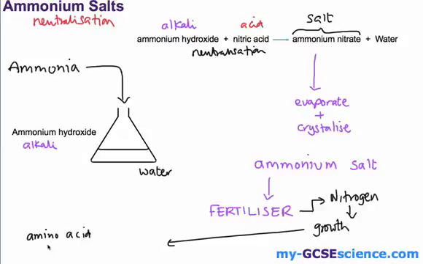Amino acids have nitrogen in their structure. These are required to make protein, and protein is required for growth. So that's technically why that nitrogen is so important. And so if we have an ammonium salt which contains the element nitrogen, we can use that as a fertilizer to help plants grow.